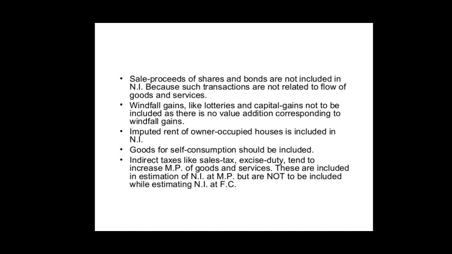Indirect taxes like sales tax and excise duty tend to increase the market price of goods and services. These taxes are included when we calculate national income at market price, but when we estimate national income at factor cost, the indirect taxes are not to be included.